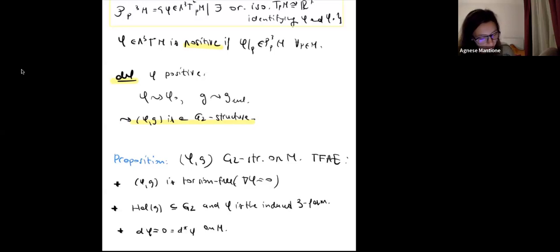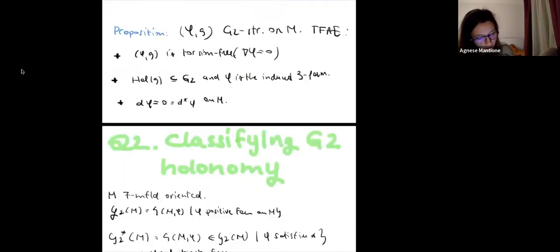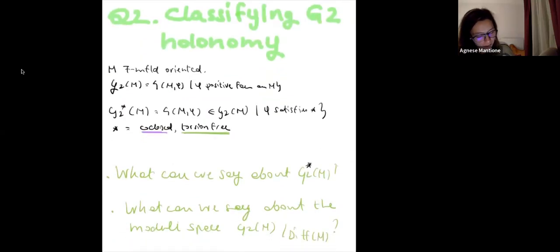But again, one can just look at G2 structures and, for example, try to classify only G2 structures, so tuples of a manifold with a positive 3 form. And sometimes one would hope to have some results for torsion free, or maybe weaken it a little bit and just ask for co-closed forms.